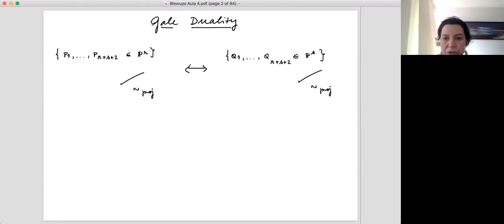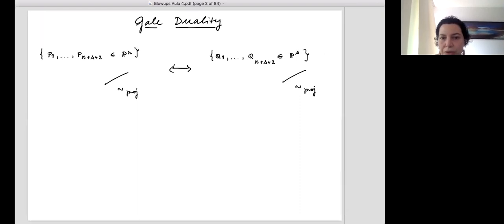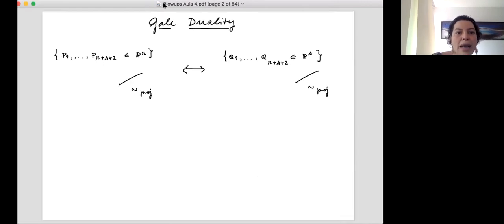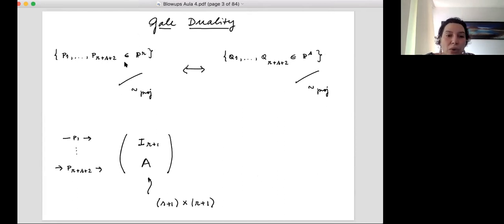So let me just recall this construction. This associates to a set of m points, where m is r plus s plus 2, in Pr, a set of r plus s plus 2 points in Ps. And as I explained last time, this is how it goes. You start with your points in the projective space Pr, and you write its coordinates as vectors on a matrix.